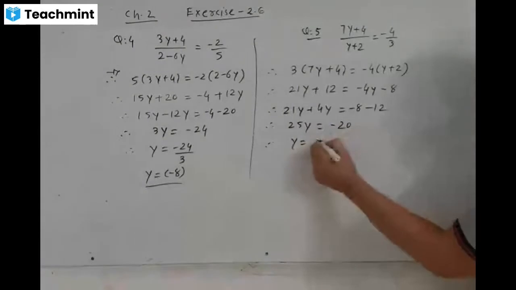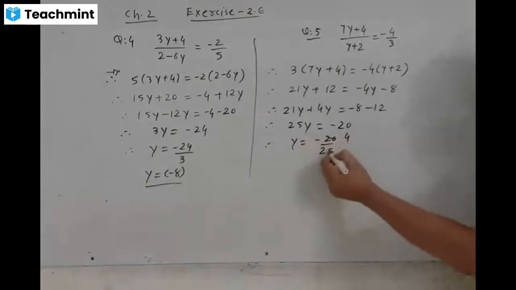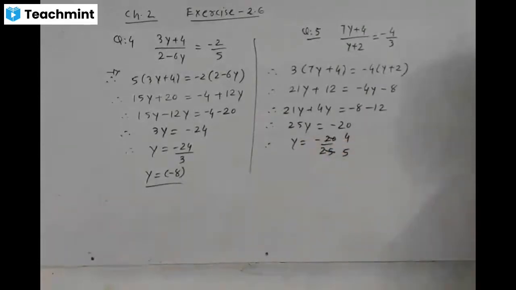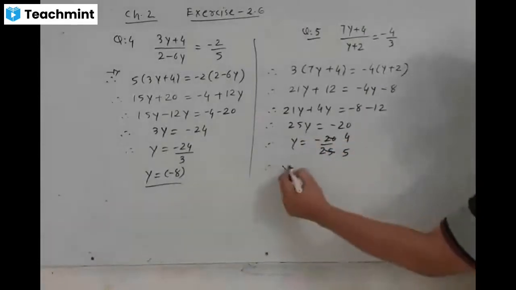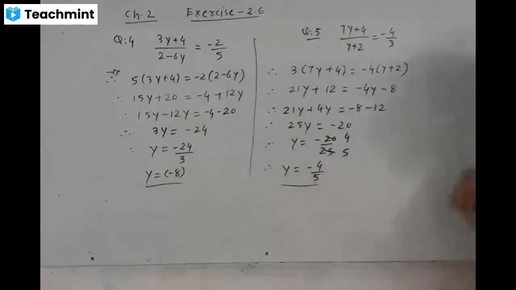Therefore y is equal to minus 20 divided by 25. 25 is in division form. 4 5s are 20, 5 5s are 25. Therefore y is equal to minus 4 divided by 5. That is the final answer. Okay, clear?